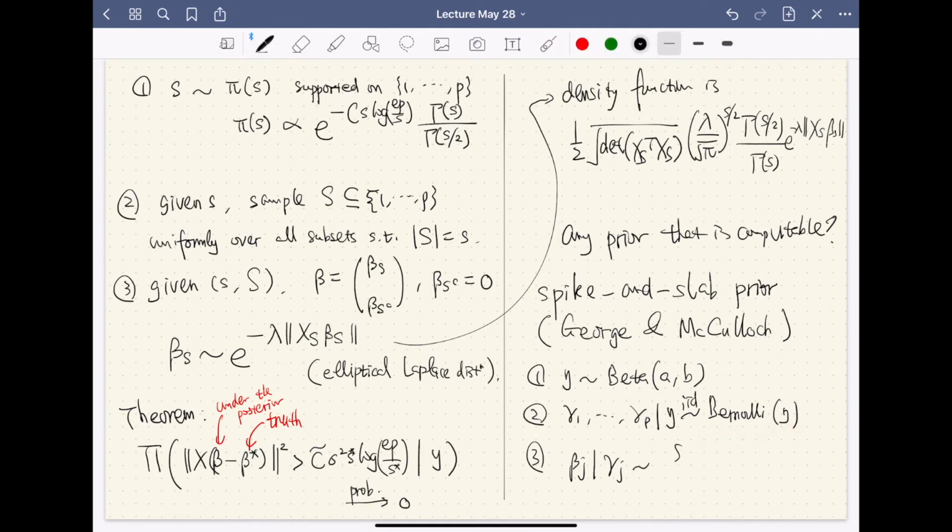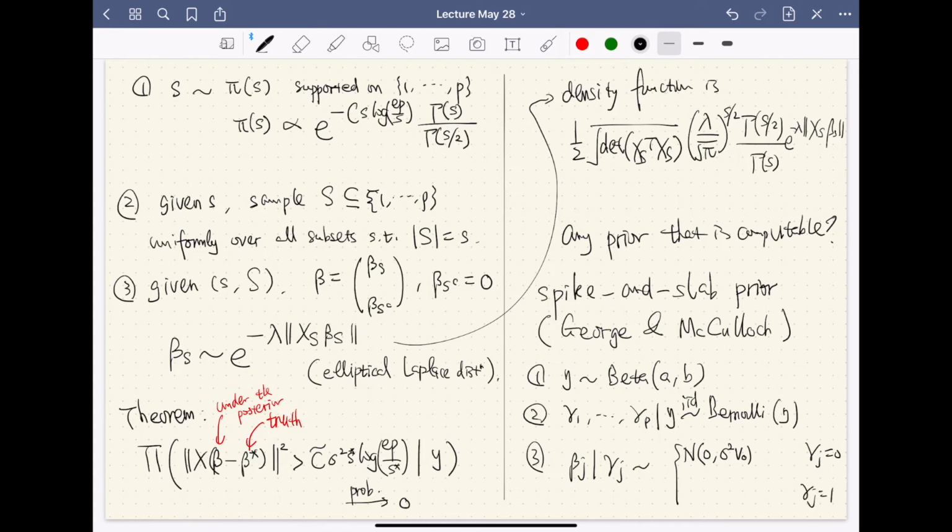If gamma j is 0, then you sample from a Gaussian with variance sigma square times v0.